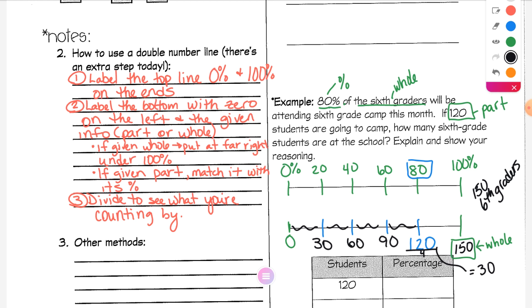Okay, what is 20% of the 6th grade? 30 students. So we have lots of different sets of data if we solve it this way. If we solve it the other way, we only get the answer to the problem that we're looking for. Both can be beneficial depending on the problem.